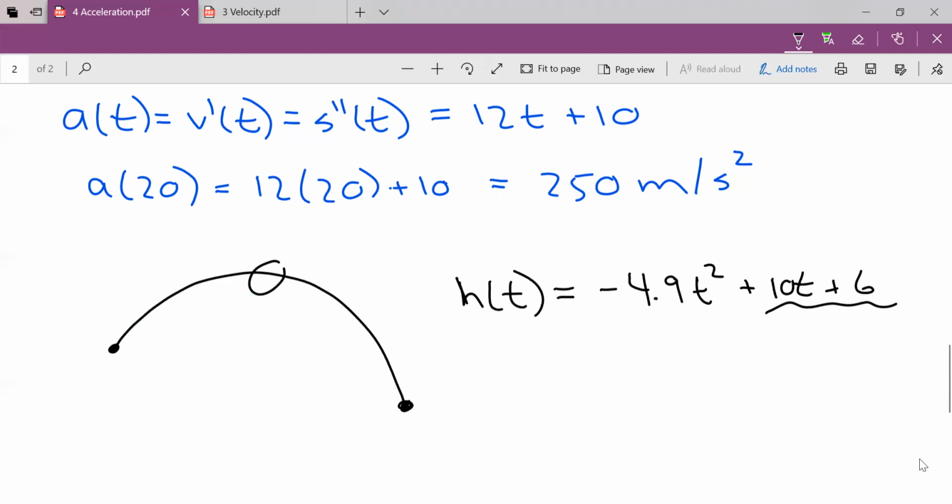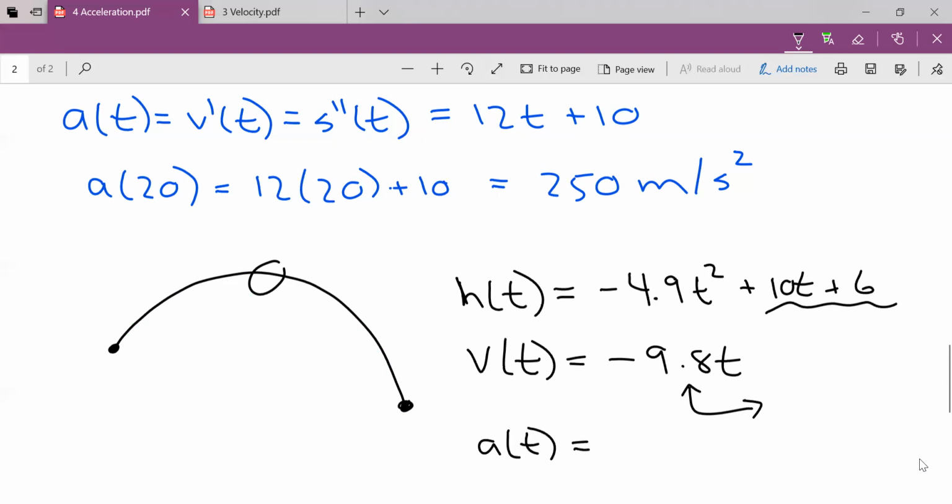So when we go to take the derivative of this position function, we get the velocity. When we take the derivative of that, we get 9.8t. Now I'm thinking if you're in physics class, that's starting to sound familiar, right? What's this? This is acceleration due to gravity, isn't it? So if we take the derivative of that, we get negative 9.8. Do you see it?